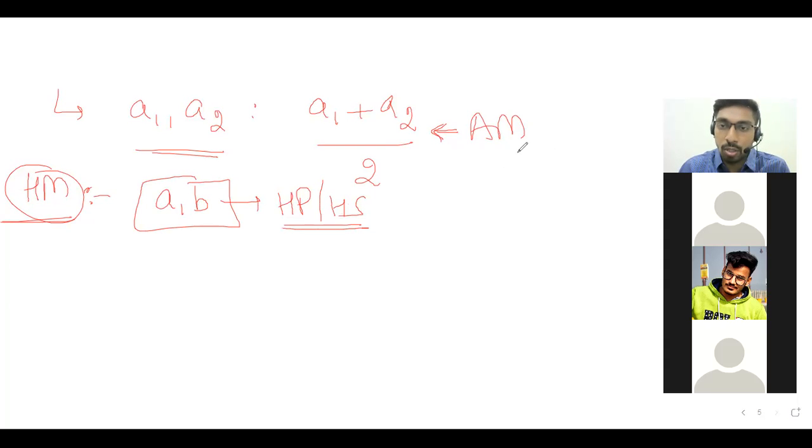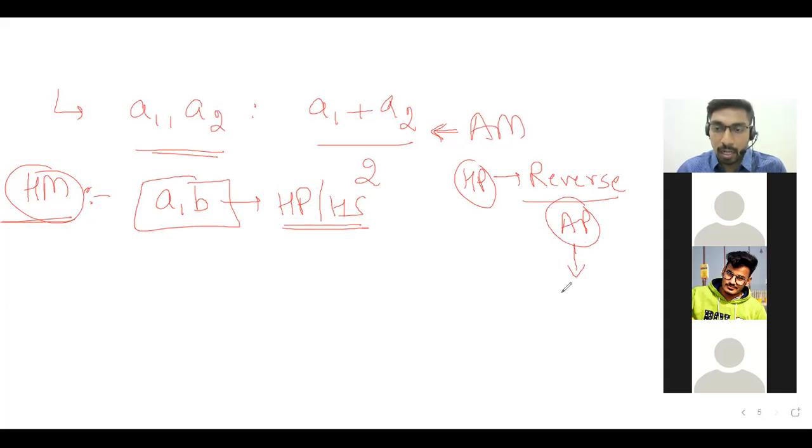I already told you for harmonic progression how you calculate any particular term, sum or anything else. For that, first of all, just reverse the HP, which will be in AP.